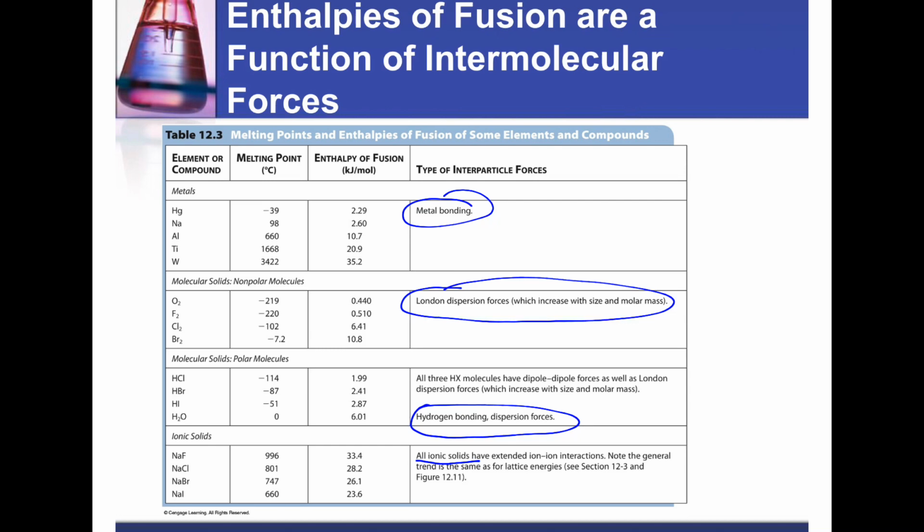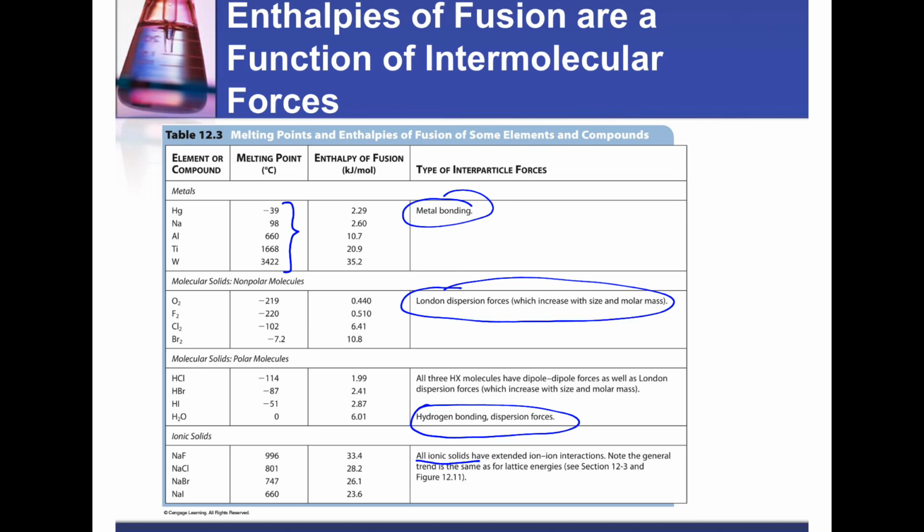With metallic bonding, because it's a sharing, a delocalization of electrons, we get a really wide range of melting points. Mercury is liquid at room temperature, but tungsten's melting point is like 3,000 degrees. That's a crazy huge range. Most of these other ones don't have quite that range.